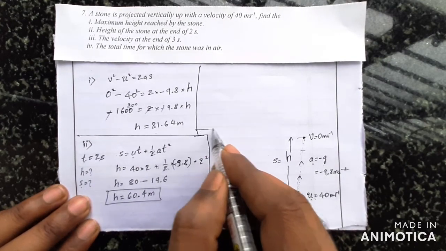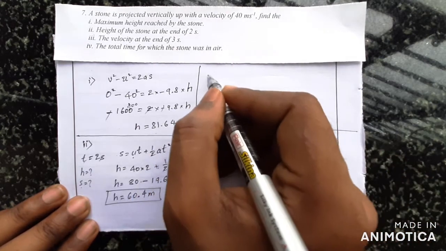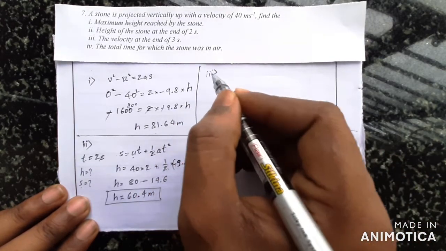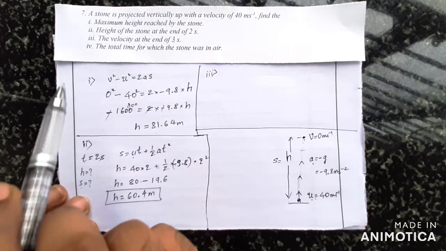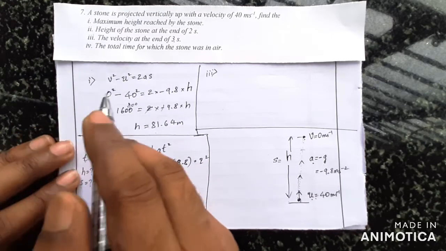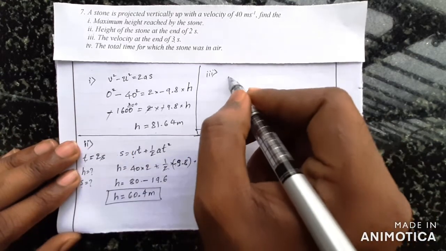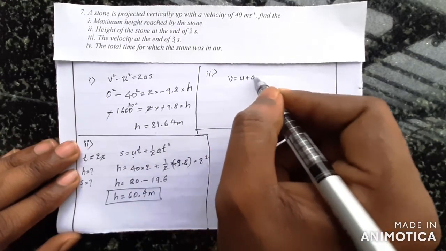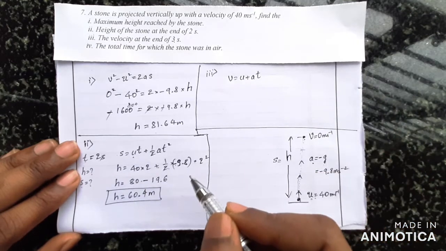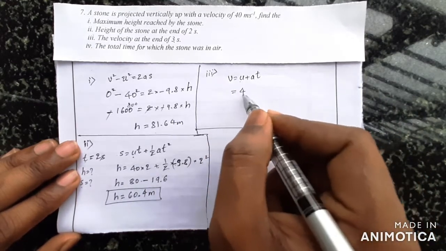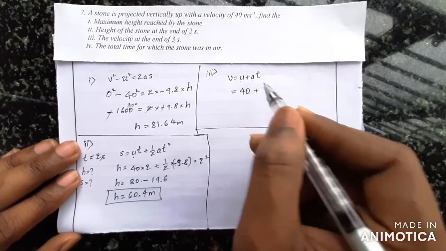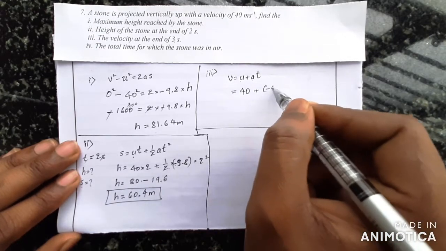Moving ahead for the third sub question. In the third sub question, we have to calculate the velocity at the end of 3 seconds. Final velocity. So it is simply v is equal to u plus at. V has to be calculated. U is simply 40 plus a is minus 9.8.